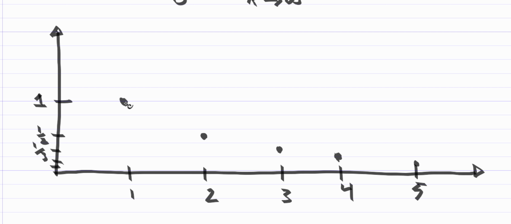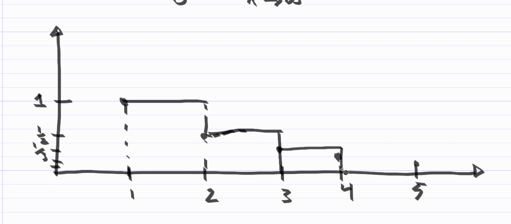Now one way to view this sum is, well, I have 1, and now I'm going to basically fill out this rectangle. I have 1 here, and I have this rectangle. And then I have 1/2 here, and I fill out this rectangle. Then I have 1/3 here, I fill out this rectangle.